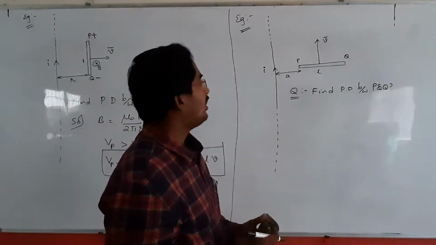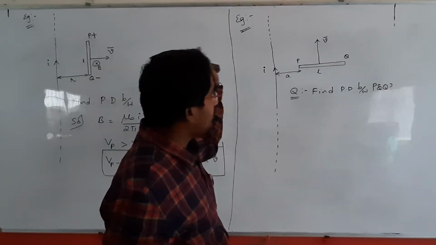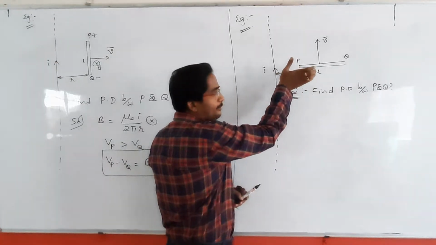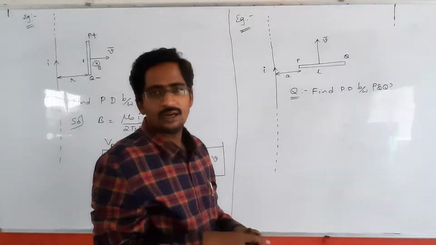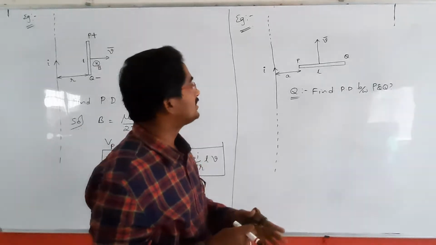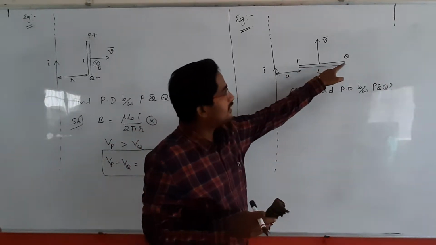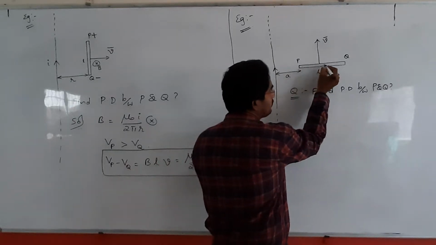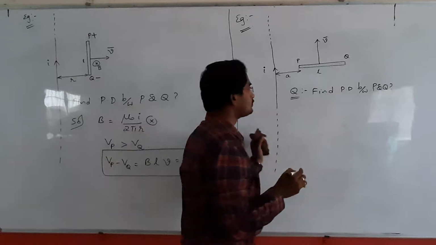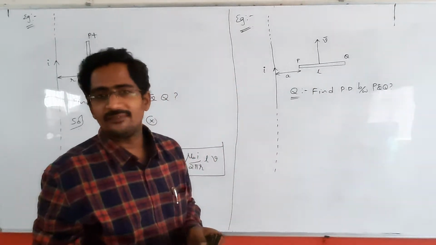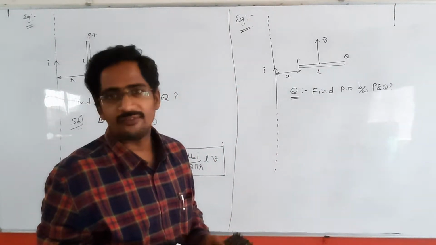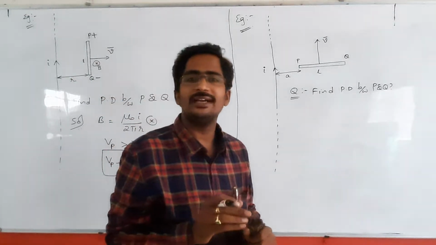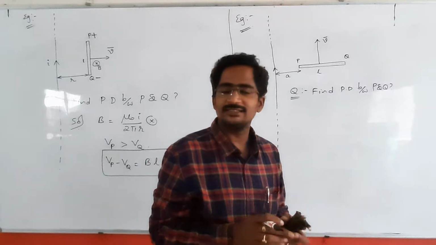As in the earlier problem, what are the B direction and magnitude? B direction is inward. Magnitude, mu naught I by 2 pi R, we can't write here because it is a rod, and different points of the rod are at different distances from the wire. So the B value is variable, not constant. We need to proceed by the calculus method, that is, integration.